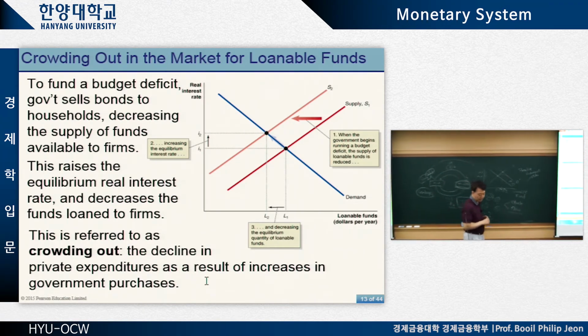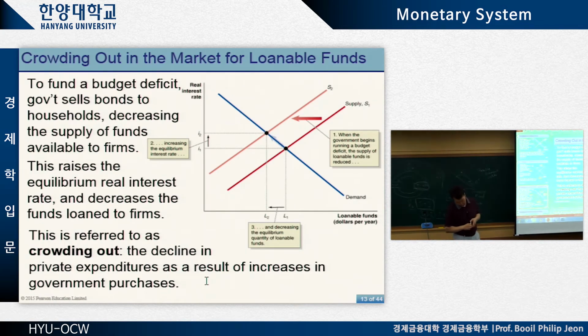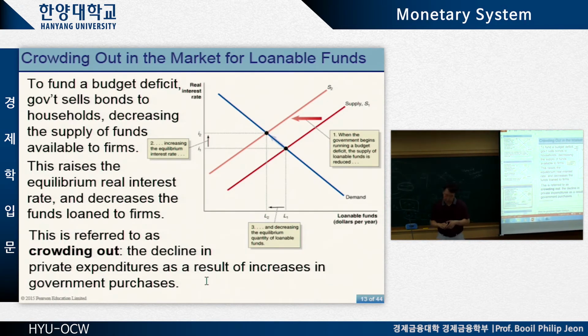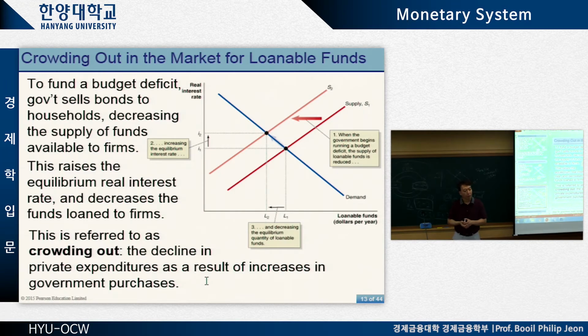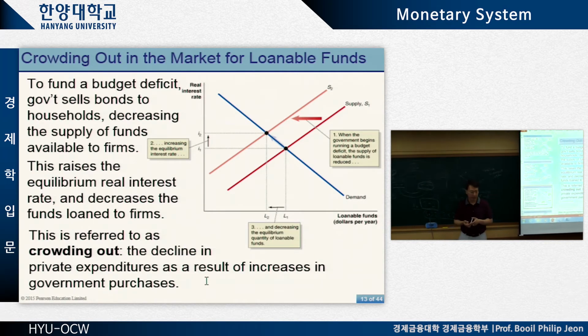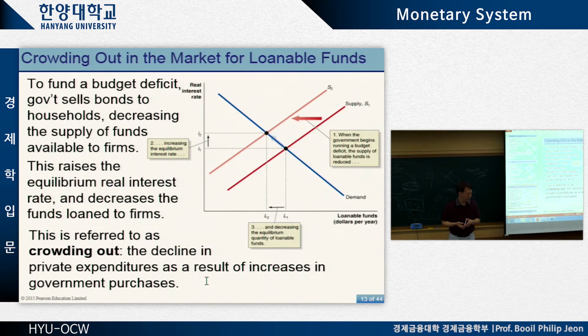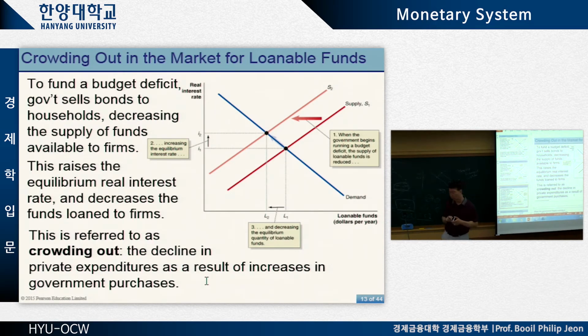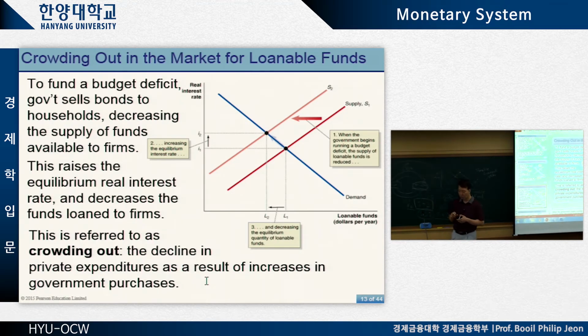And this has to do with fiscal policy. Fiscal policy means the government tries to control the economy or economic activities by using taxes and spending. Those are the two tools that government can use to control the economic activity.